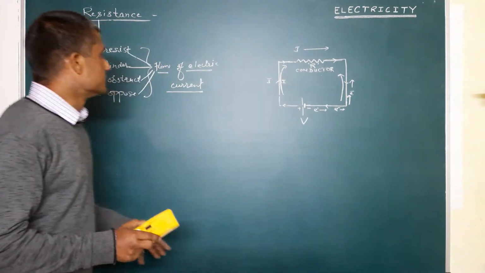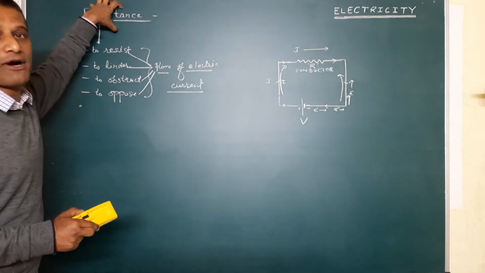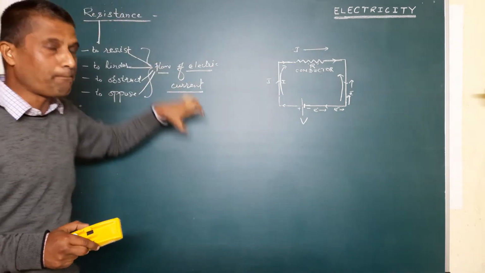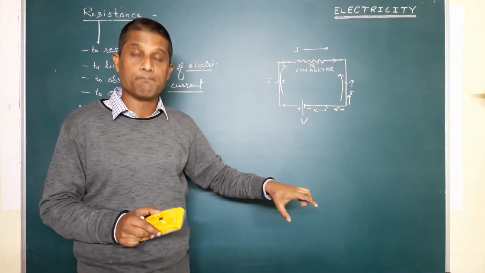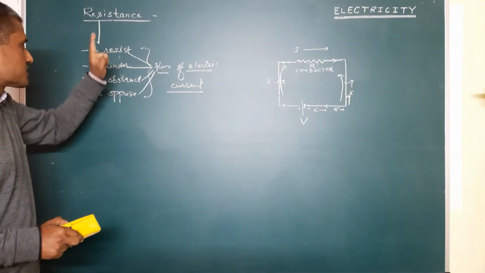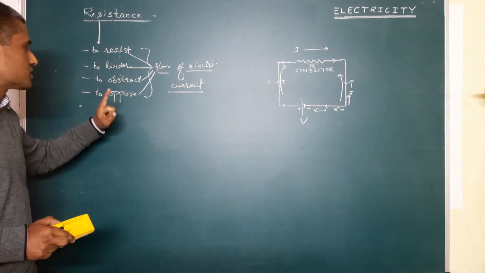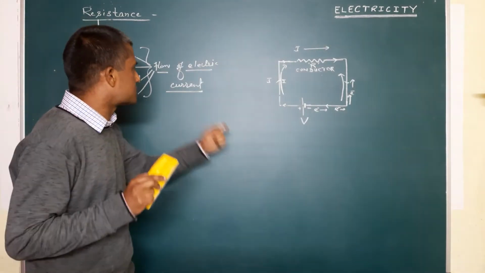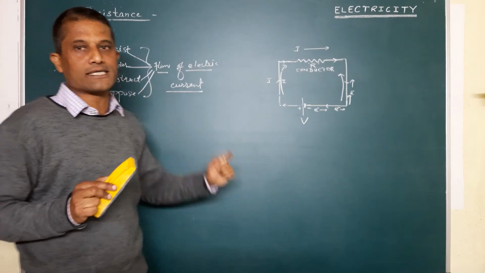That is, yes, the resistance of a conductor is a property of that very conductor by virtue of which it opposes, resists, hinders, and obstructs the flow of electric current.